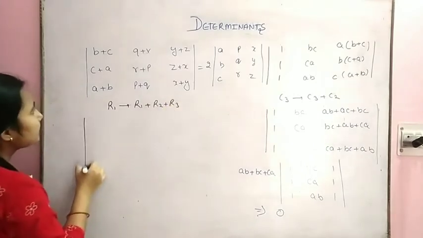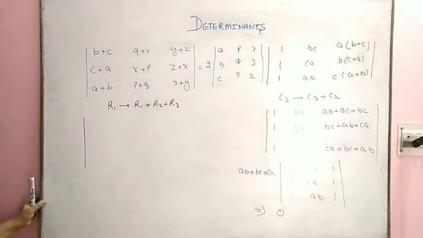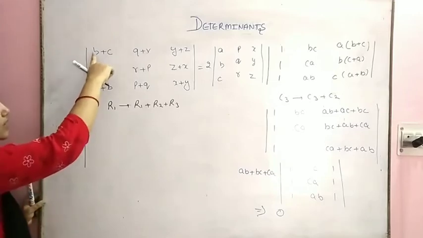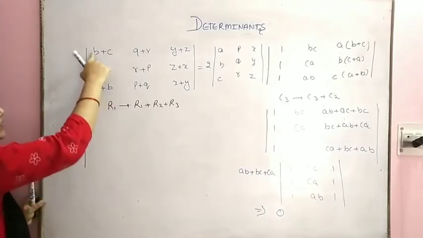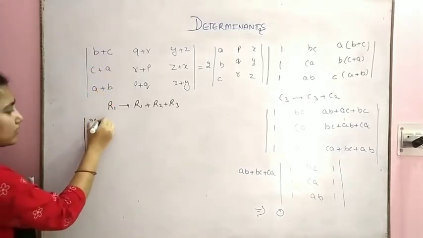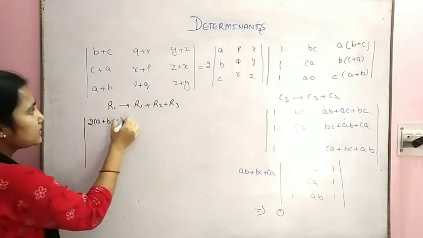If we add R1 plus R2 plus R3, we get twice of A, twice of B and twice of C here. So 2 times A plus B plus C we get.